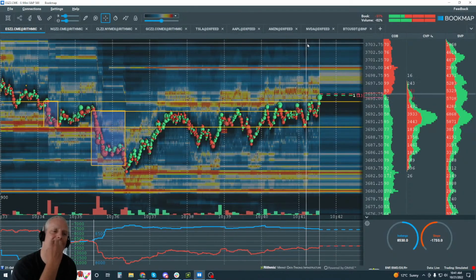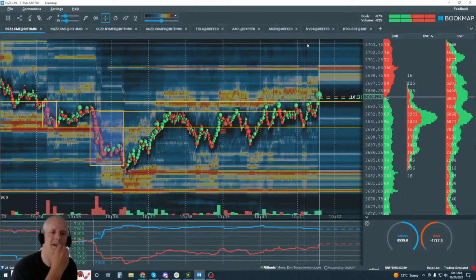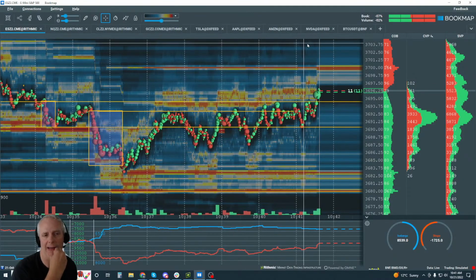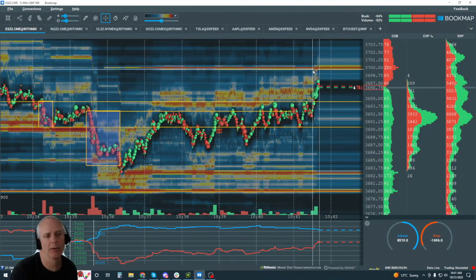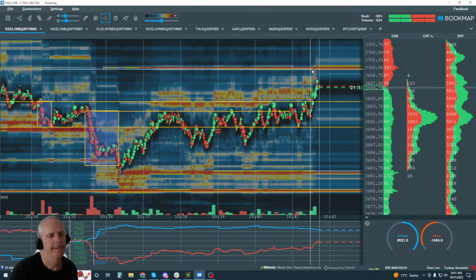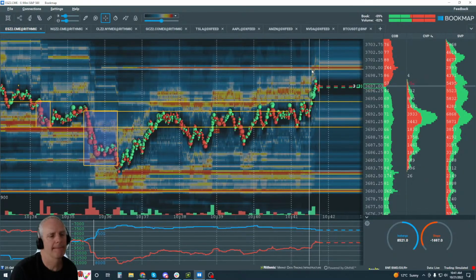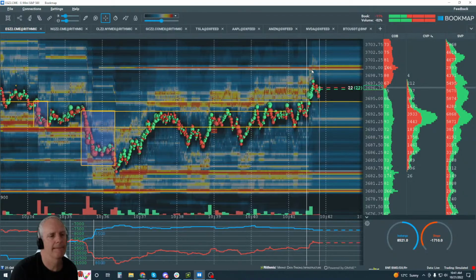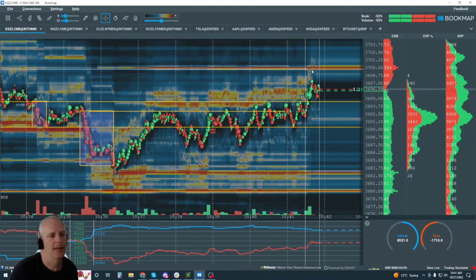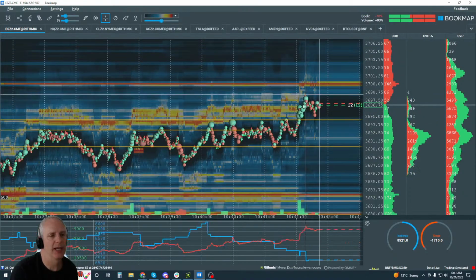All right. Okay, so here's our breakout. Now this may fail. We don't know. It's shaping up to be a nice little flag pattern here.